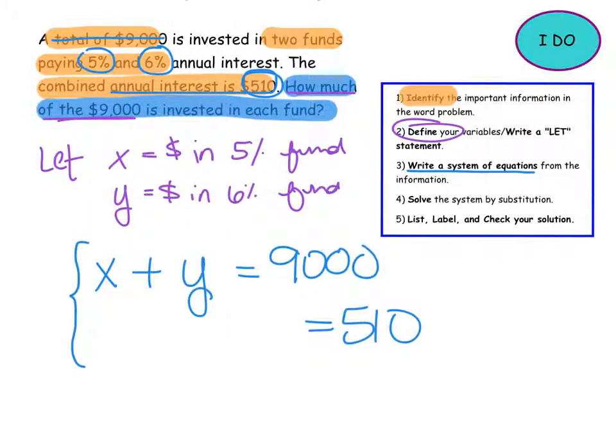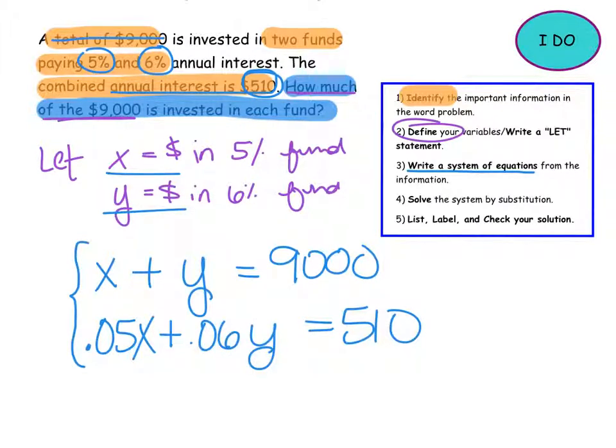And so interest is how much money you're earning on what you put in. And so I'm getting 5%, which remember it has to be as a decimal, so 0.05 on the money I put in the X fund. And I'm also going to get 6% on that Y amount of money that I put in the other fund. And altogether, it equals $510.